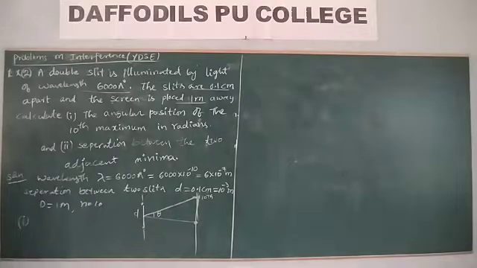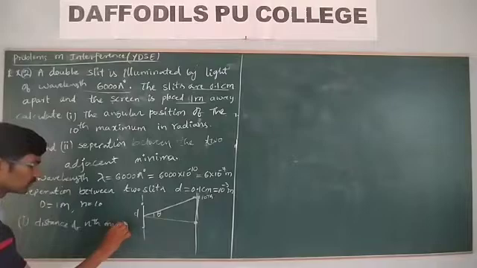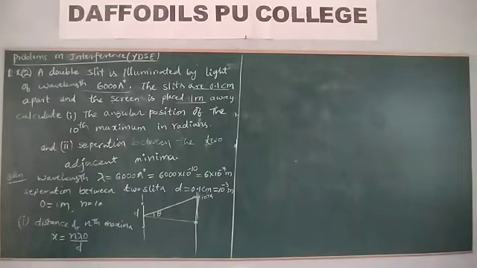Then tell me the formula for the distance of the nth maxima: x is equal to n lambda D by d.